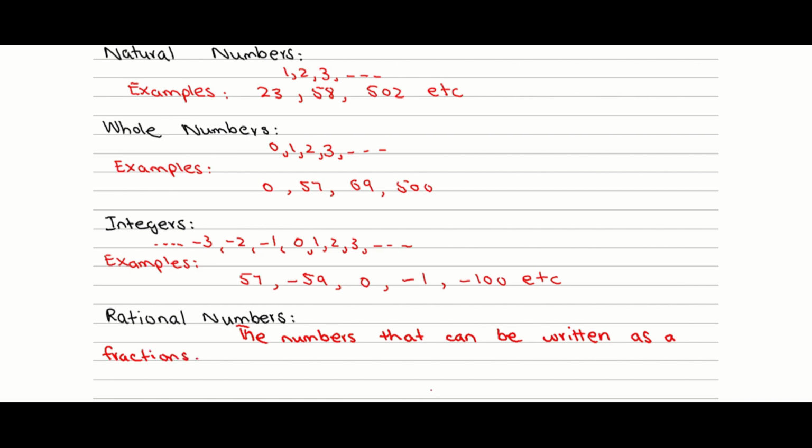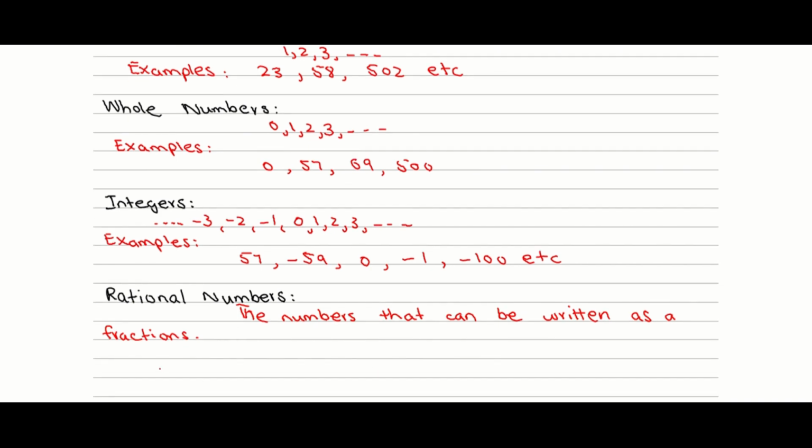So the numbers that can be written as a fraction, it can be a fraction, it can be a recurring number, it can be an integer as well. How? Let's discuss some examples.